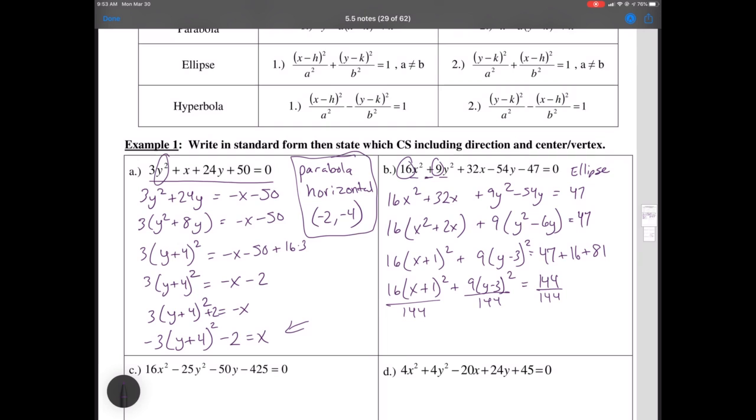And that gives me x plus 1 squared over 9 plus y minus 3 squared over 16 equals 1. Now, because the 16, the larger number, is under the y, this is going to be a vertical ellipse with my center point at -1, 3.